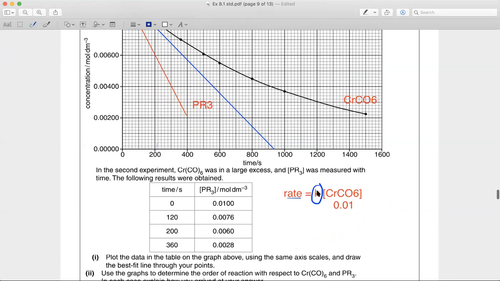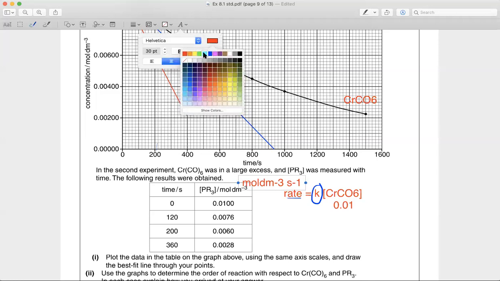And then you work out the units. Don't forget, the units for rate are mole per dm cubed per second. In this case, we use seconds because in the axis they use seconds.